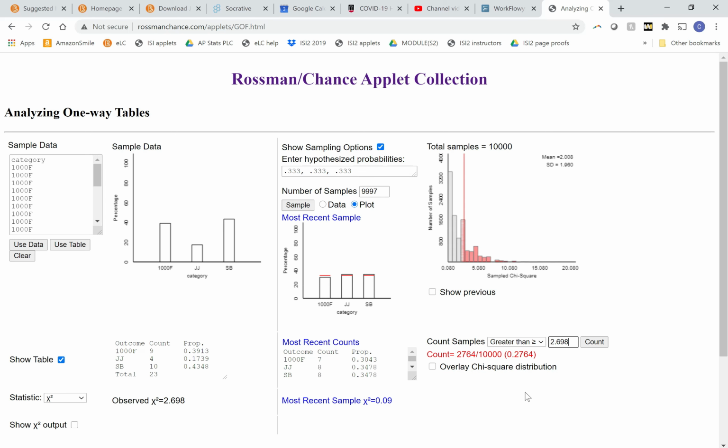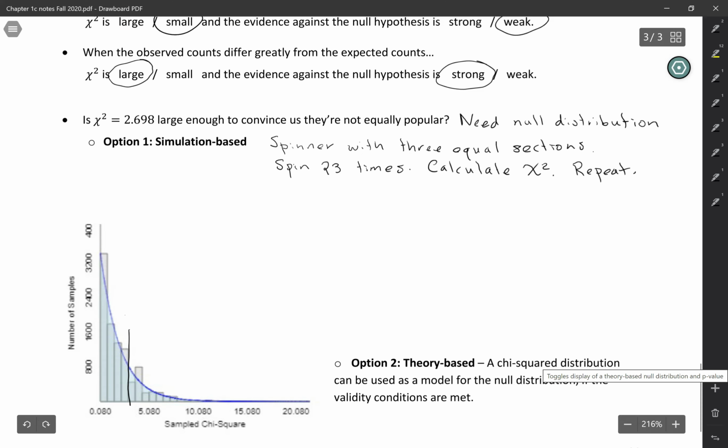And the reason that we're counting the values that are greater is because remember, with a chi-square statistic, greater chi-square statistics means stronger evidence. So here we've got a p-value of what? 27.64%. So that means that almost a quarter of the time you would get data like ours, even if the brands were equally popular.